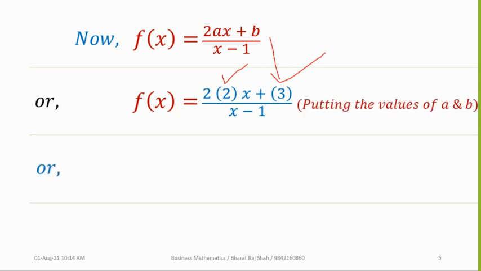So we have put the values of a and b, and after that, let's simplify. 2 times 2x is 4x, plus 3, divided by x minus 1. And now the whole function is known. Originally, in the very beginning, some constants were missing in the function, but right now we have obtained the whole function.